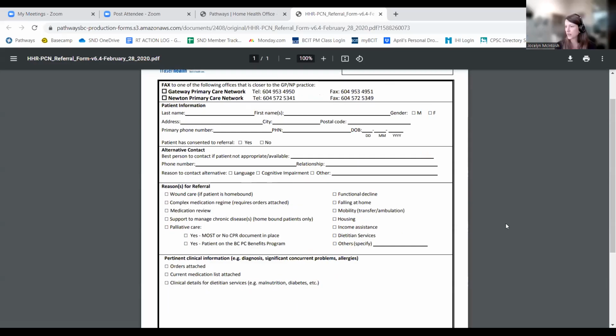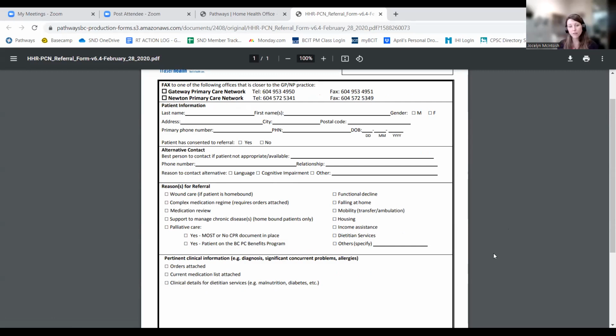The nice thing about this, as opposed to the referral information you may all have for the home health service line, is that this comes directly to us at the Newton or Gateway offices. So you bypass the home health service line, which is our regional intake process.